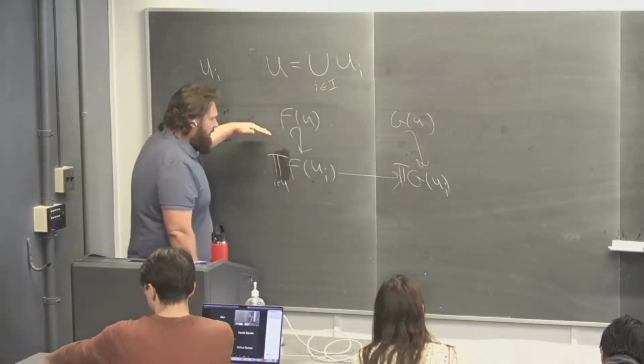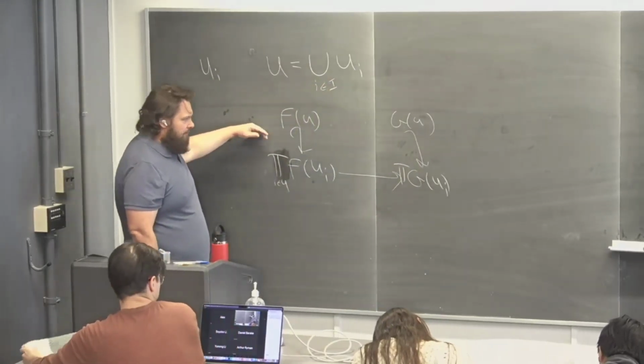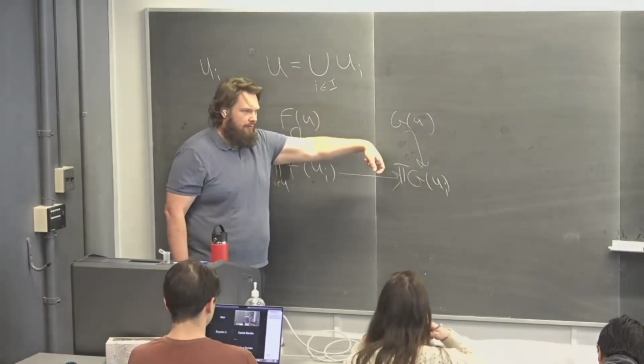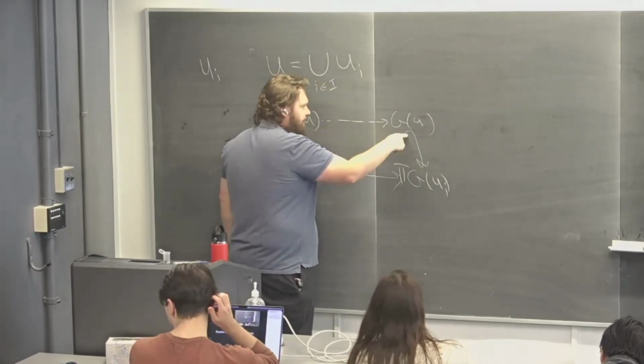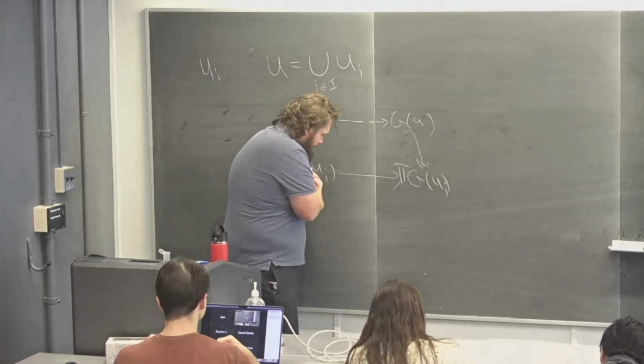So this is part of the definition of being a sheaf, that these maps are injective. So there's only one possible map from here to here.